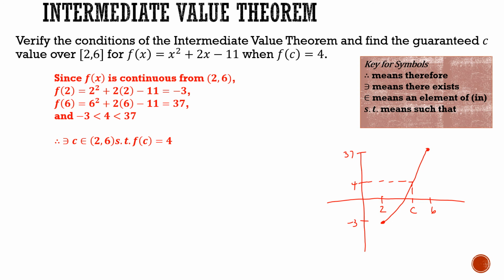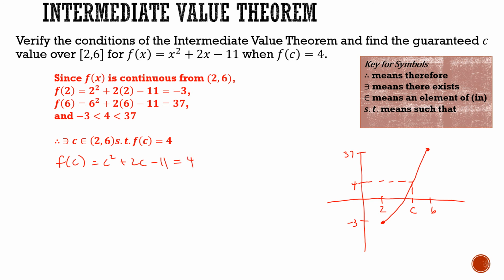All right, so because I know all this stuff, I know I can find the c such that f of c equals 4. So once I have all that, basically all I'm going to do is calculate it. So I can do f of c equals c squared plus 2 times c minus 11. And I know that has to equal 4.